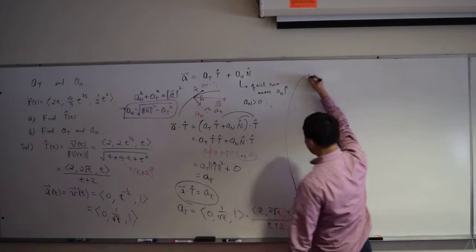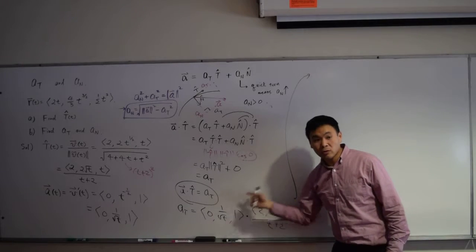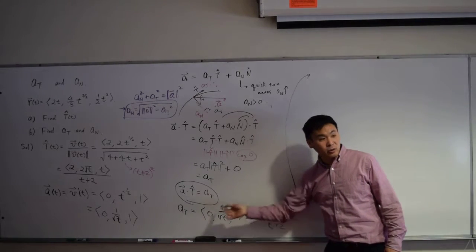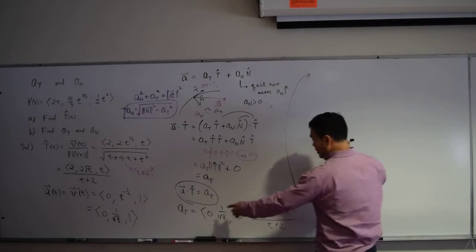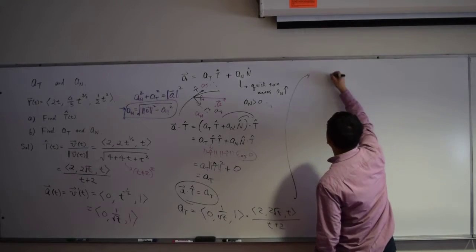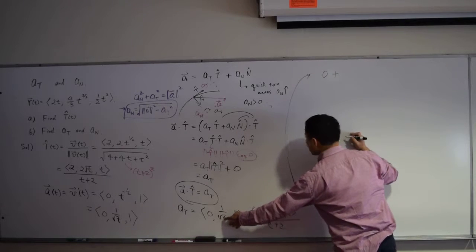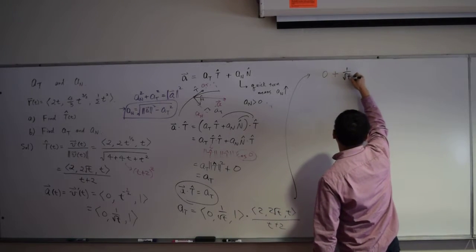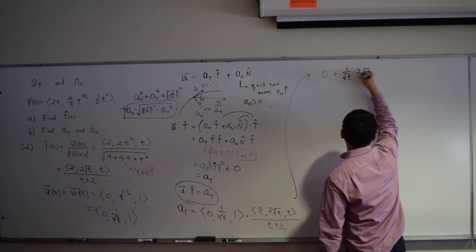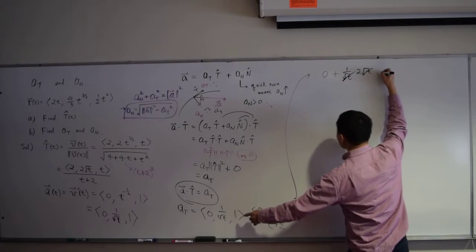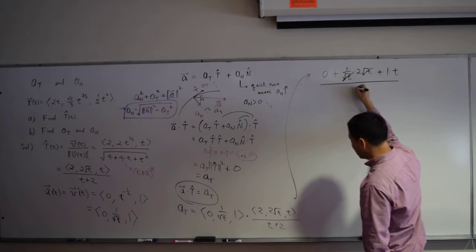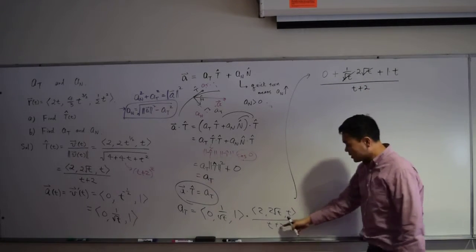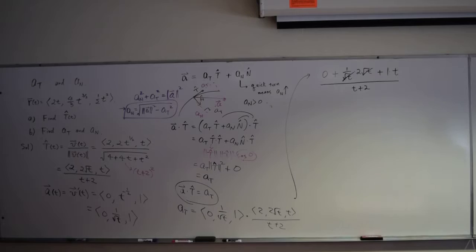When you're given in coordinate form, you have to multiply the corresponding coordinates and add them, right? So if I multiply 0 to 2, it's 0. If I multiply 1 over radical t to 2 radical t, they cancel, giving you 2. And then 1 times t is the third one. And t plus 2 is divided there, so I just divide afterwards.